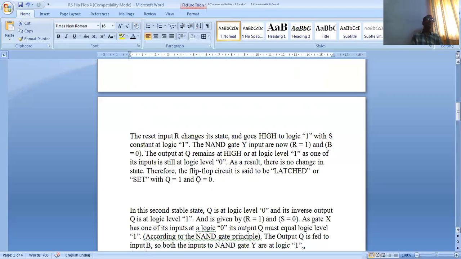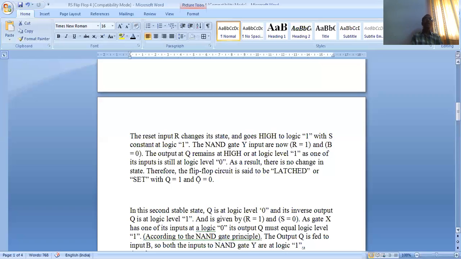All other truth table is the same. What is the truth table? When R equal to 0, S equal to 0, the output is the last state. Then when R equal to 1, S equal to 0, Q equal to 0, Q bar equal to 1. This particular state is called the reset state.